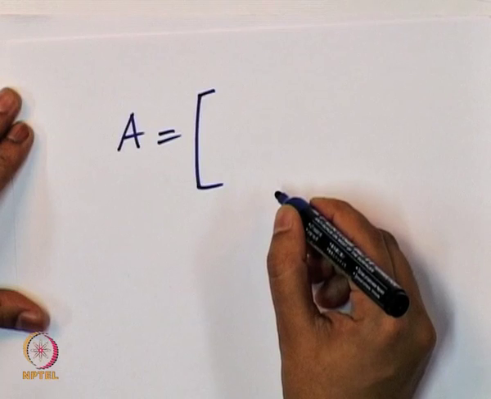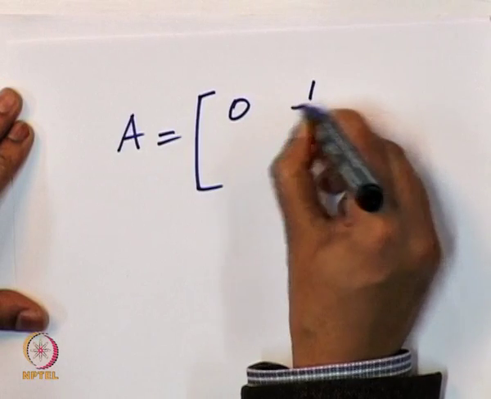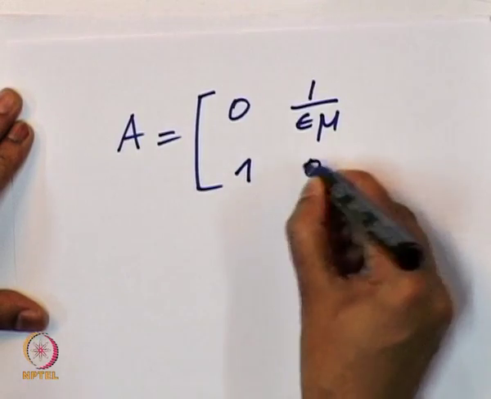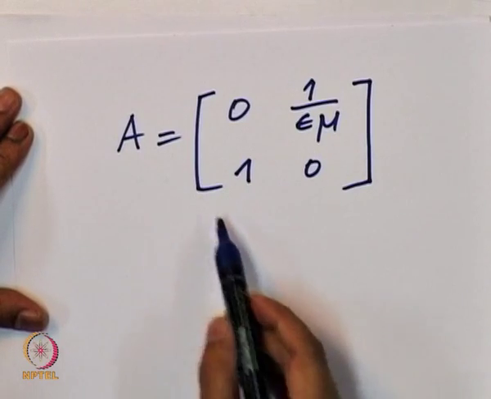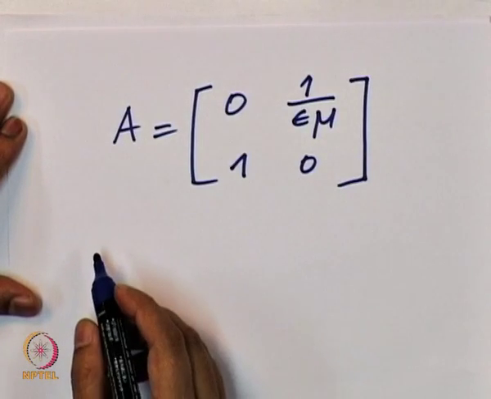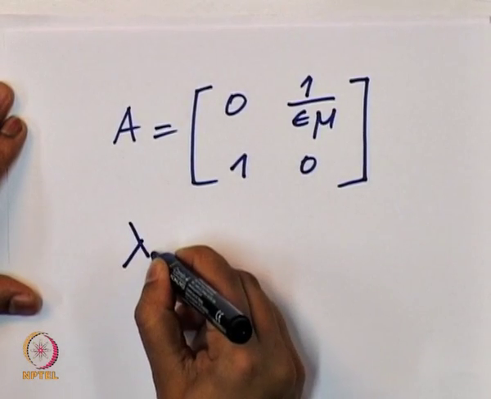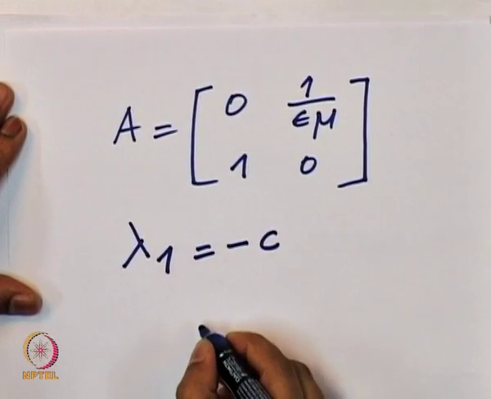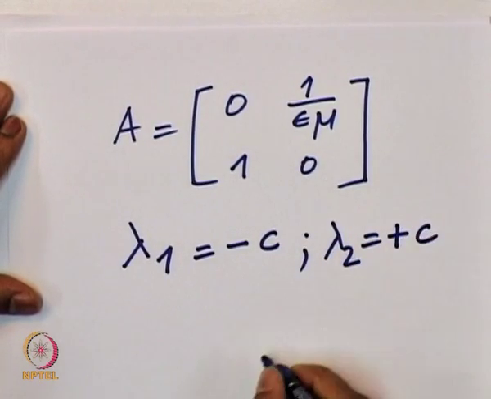Since it's a two-dimensional form, we will have a 2 by 2 matrix whose values are written as follows. You can verify that this A can be diagonalized, and it will have eigenvalues lambda p, in this case lambda 1 is equal to minus c, and lambda 2 is equal to plus c.